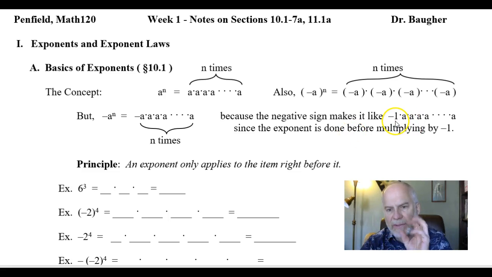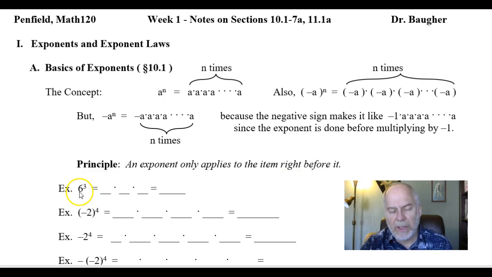So it's really negative 1 times a, multiplied n times. Because you always do exponents before multiplication, the negative 1 is really out in front and multiplied afterward.